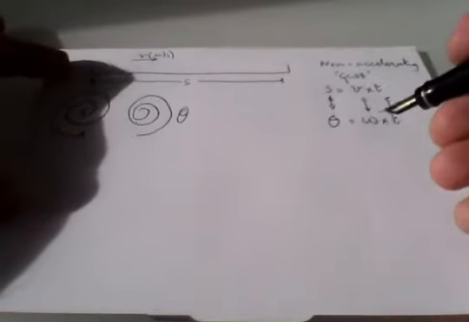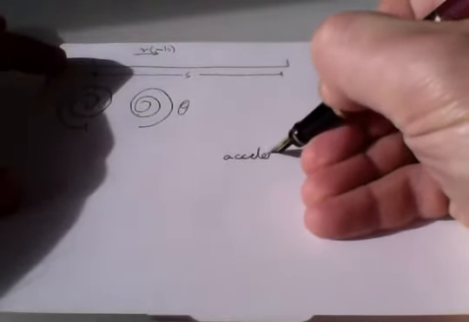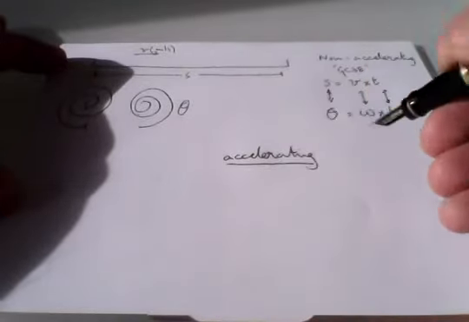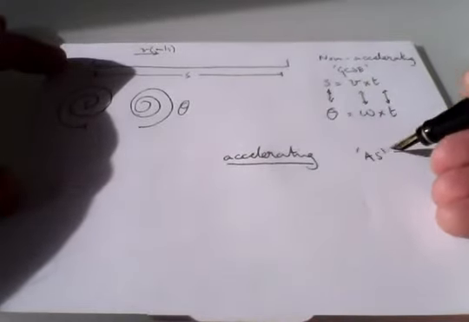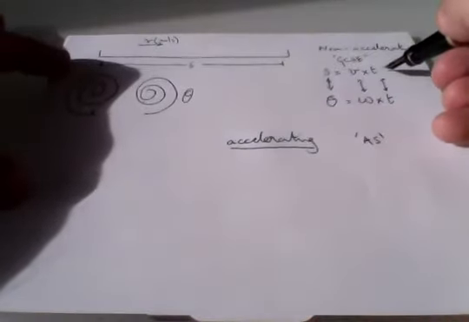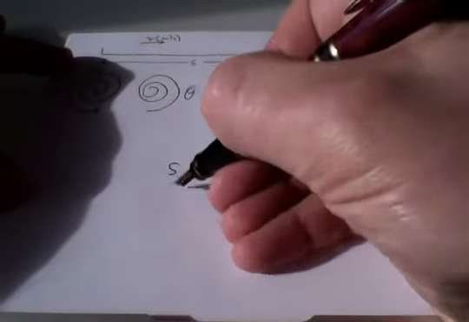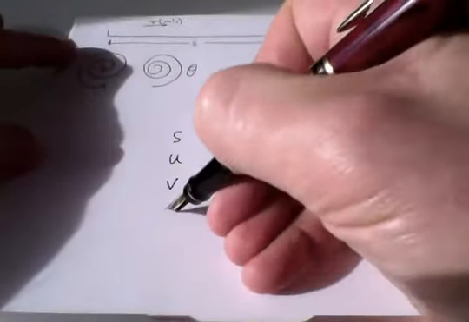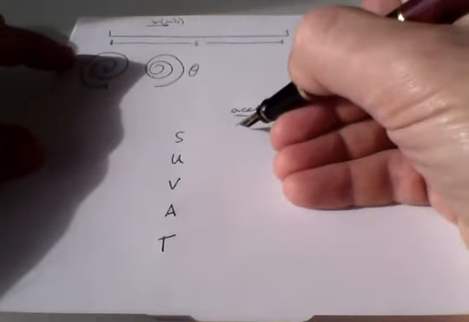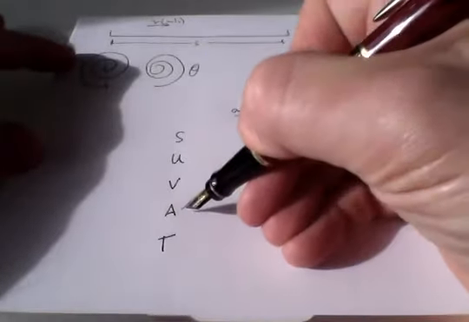Okay, straightforward. However, if we were in accelerating frames of reference, which is our AS knowledge, then you know it's not as easy just to write S is V times T. We need the SUVAT equations: displacement, initial speed, final speed, acceleration, time.